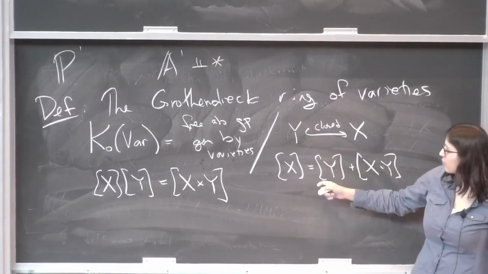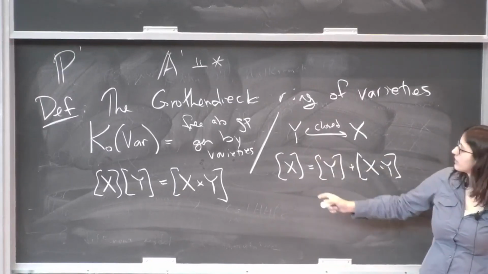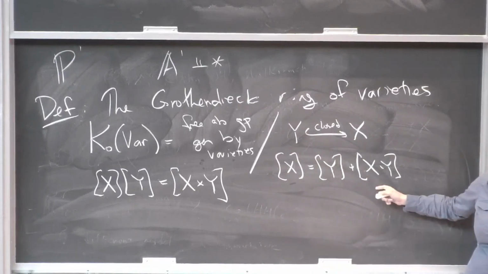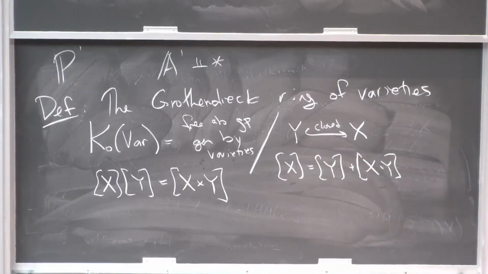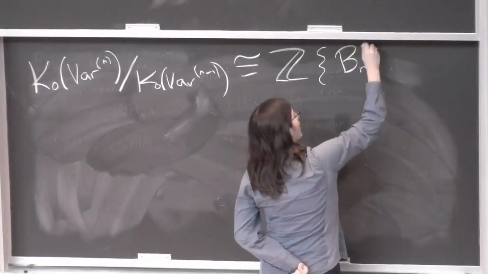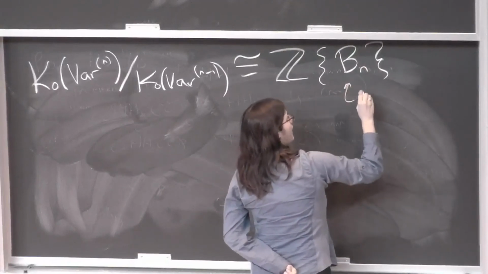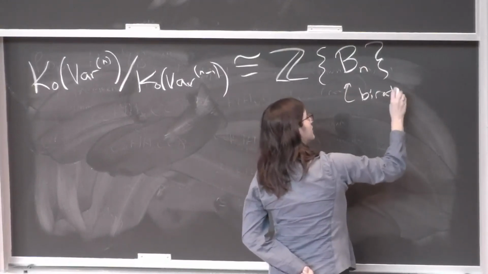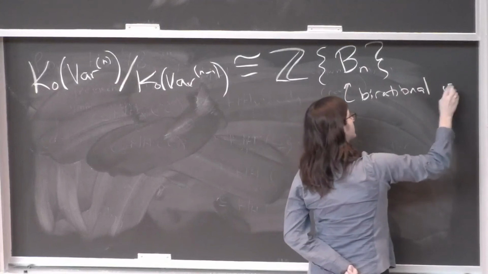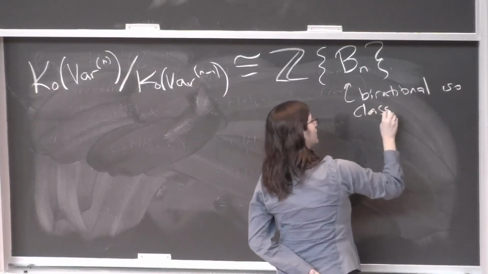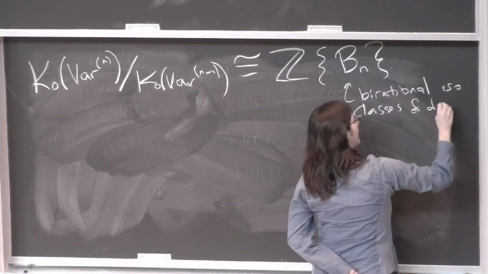And so what this says is y is going to be 0 in that quotient, and this says that x is equal to a dense open subset. So what you have here is actually the free abelian group generated by the birational isomorphism classes of dimension n.